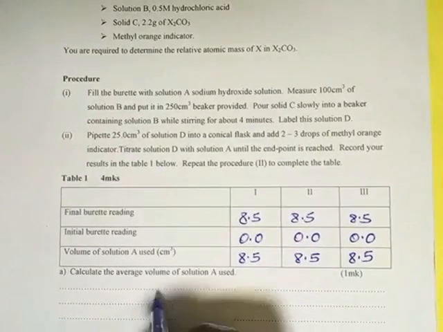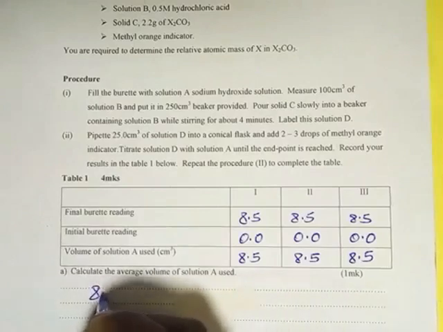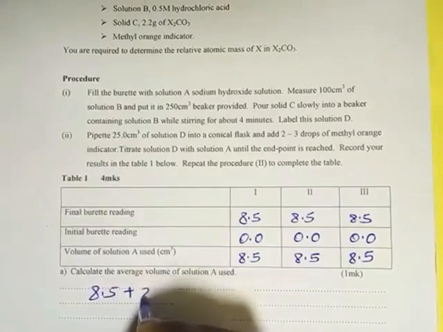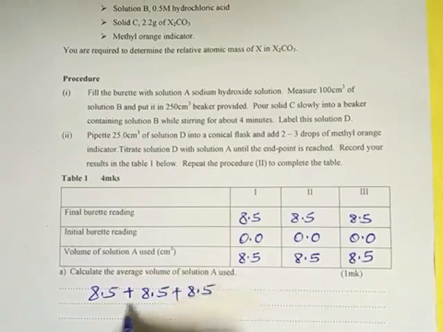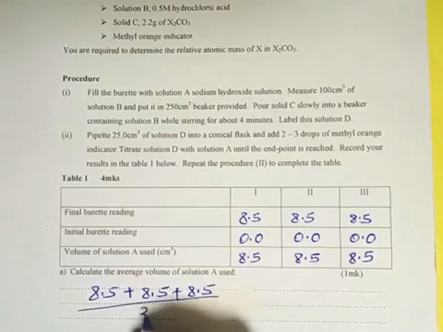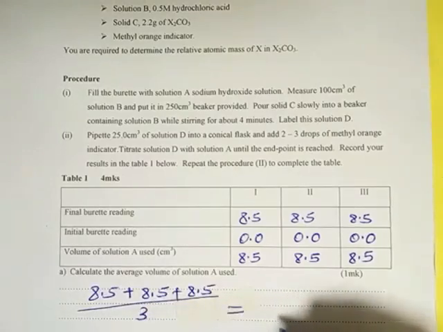So our average is 8.5 plus 8.5 plus 8.5 divided by 3, which would give us 8.5 centimeters cube.